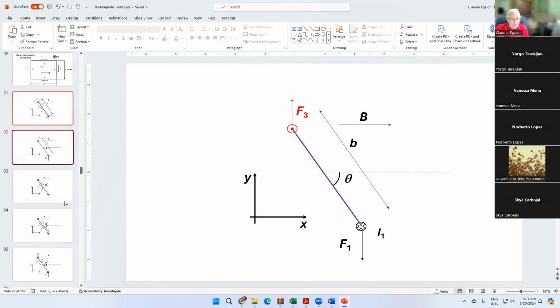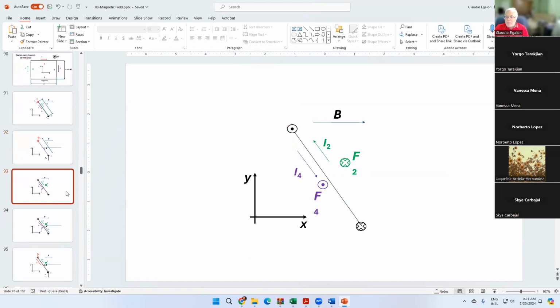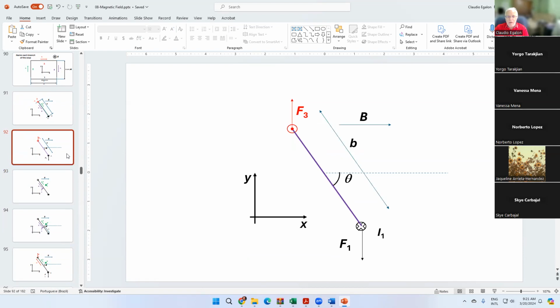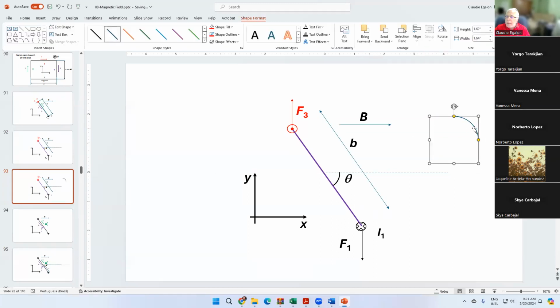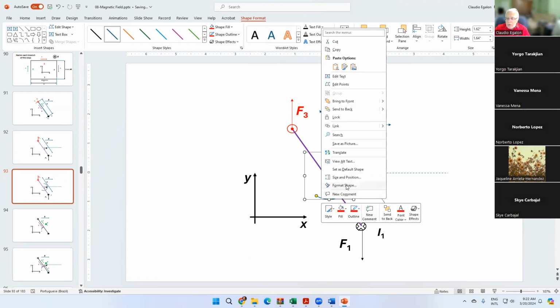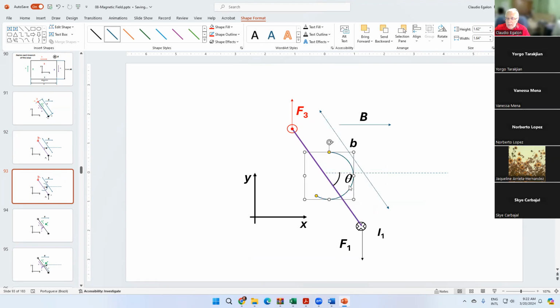So let's see if we have a drawing here. Can you see the torque being produced in this wire? F3 and F1 produce a torque in this wire. That's going to be given by something like that, torque.